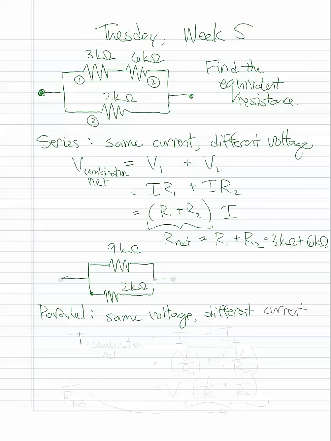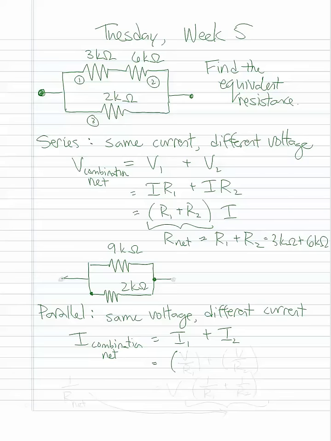But what I do know is that the combination, the net current, if you will, is equal to the current through one plus the current through the other. And we actually also could have gotten this by applying Kirchhoff's junction rule at this junction. But anyway, we'll use V equals IR again.